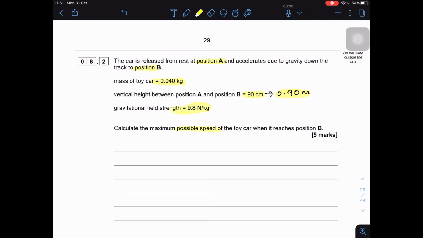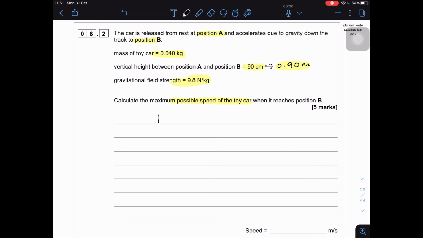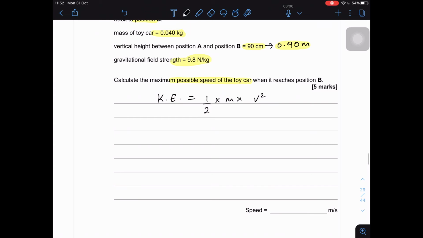Now, what is the possible speed of the toy car? You can use the kinetic energy formula, kinetic energy equals half mv squared, where v stands for velocity. This is what we need to find.